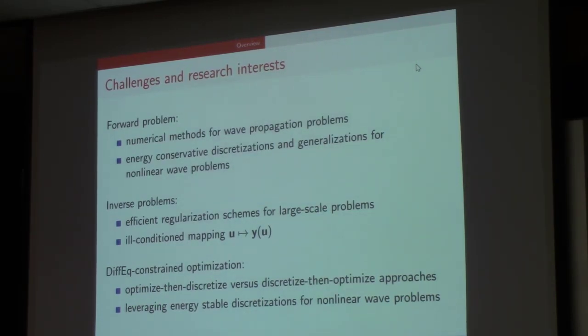Meaning, do you compute gradients first analytically? Do you write out the gradients that you want to compute and then discretize that? Or do you first discretize the optimization problem and then compute the gradient of that? And if so, how are those two things related? Are they consistent? And is it better to do one or the other? And of course, all of that is going to depend on the numerical methods you're using for discretizing.